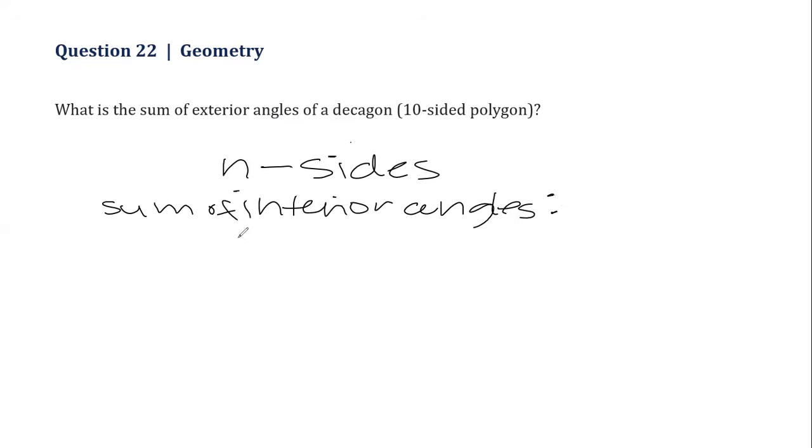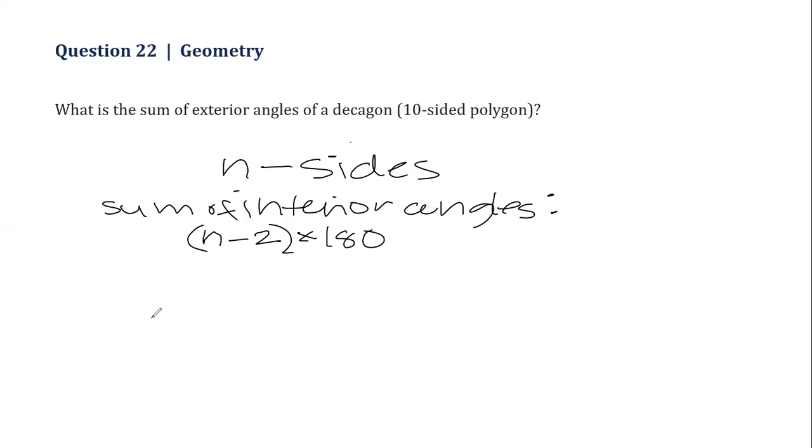Yes, there should be a formula. n minus 2, multiply 180 degrees. Yes, you take n, subtract 2, and multiply this by 180.